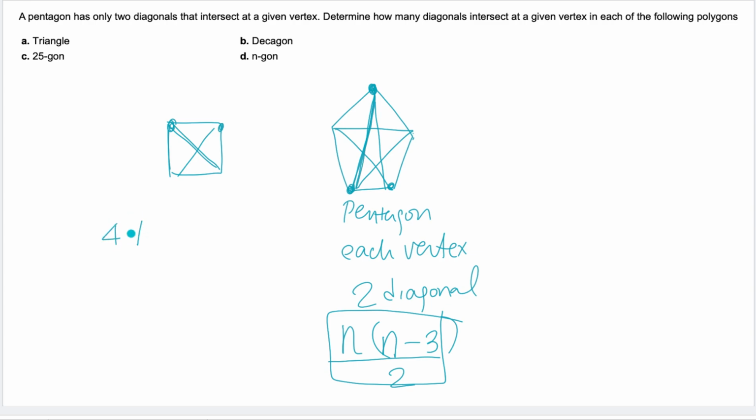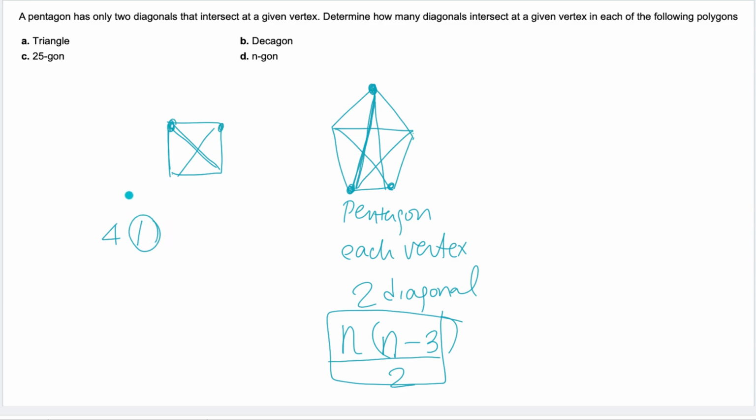How did we get 1? This is the number of diagonals we can draw from the number of vertices. There are 4 of them, but you cannot draw a diagonal to itself and the next one on this side. Only 1 is available to draw a diagonal from one vertex.